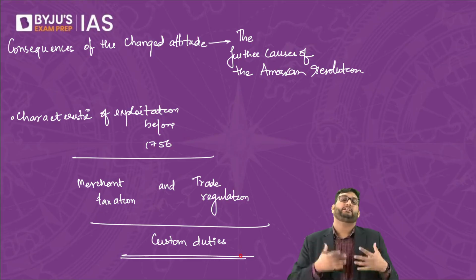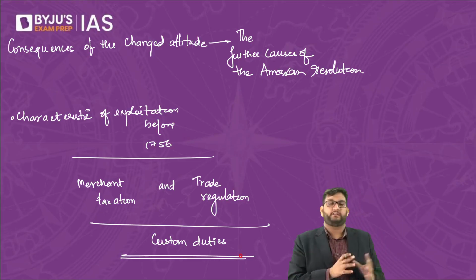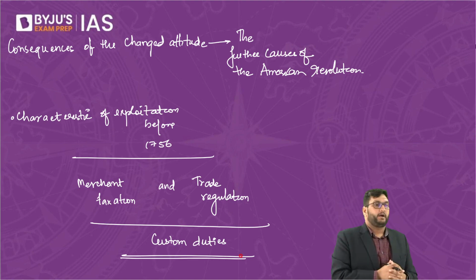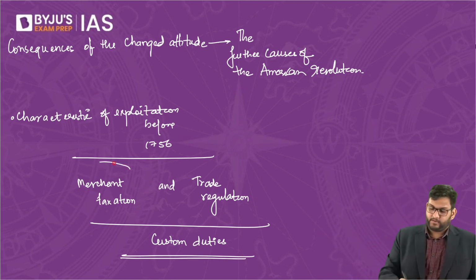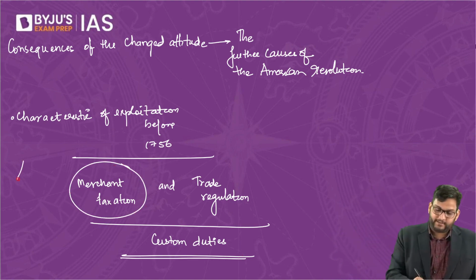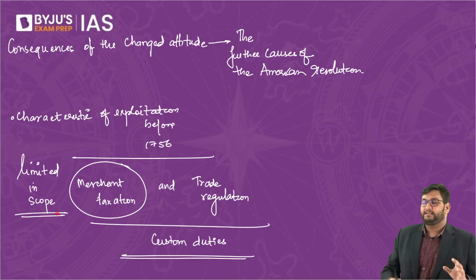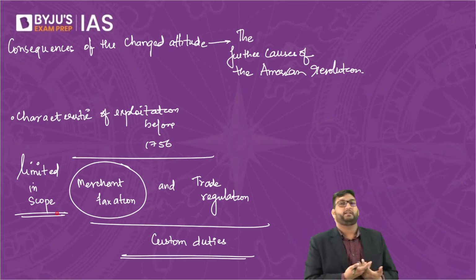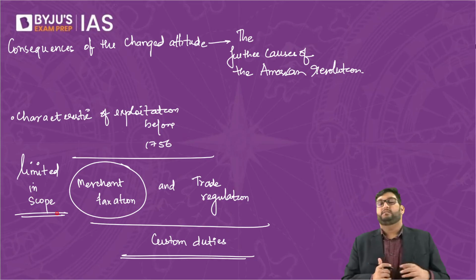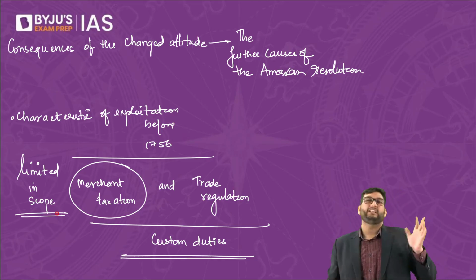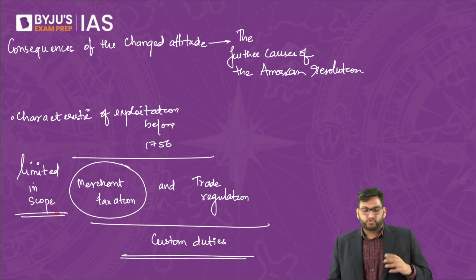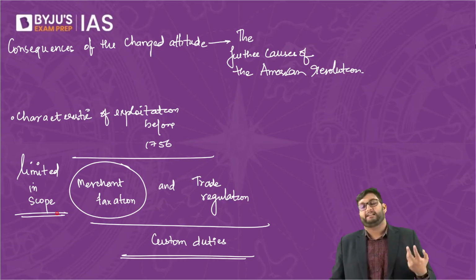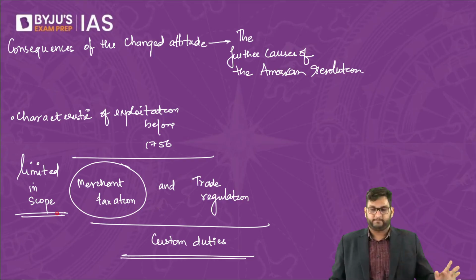Maybe 10-20-30% of the society could get affected, but merchant based taxation is limited in scope. So if I have land and I am producing crops, if I am a slave owner and I have a plantation, merchant based taxation would really not affect me. So there is indirect impact, no direct impact.